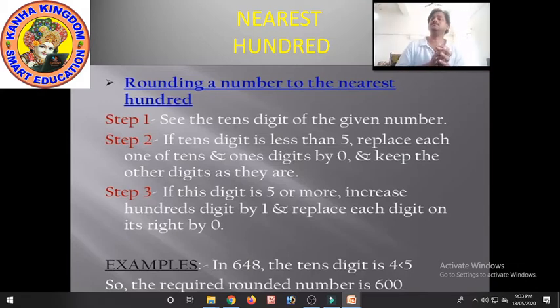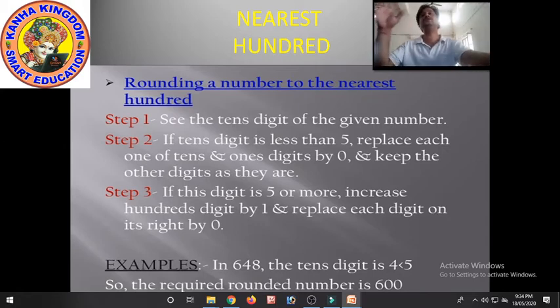In nearest 10, you see the ones part and then convert the tens part or tens place. Same in nearest 100, you see the tens place and hundreds place. Again, same thing in nearest 100 also.